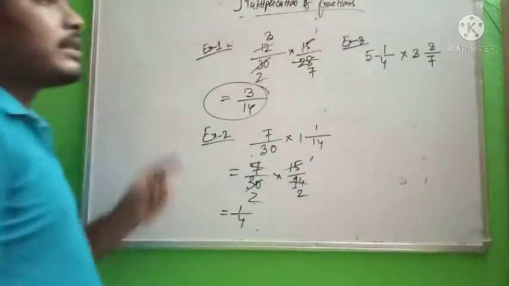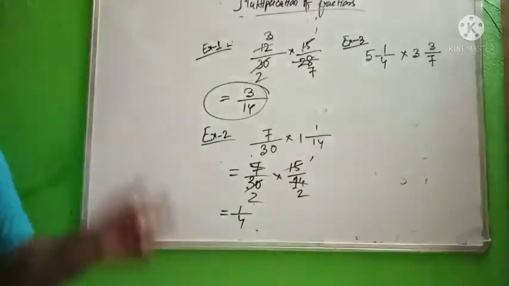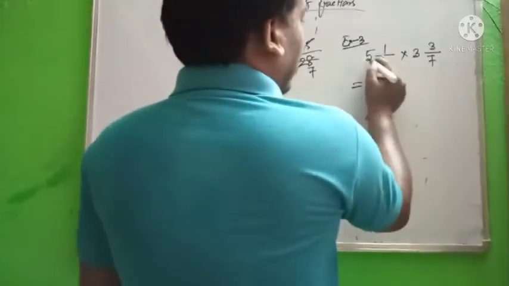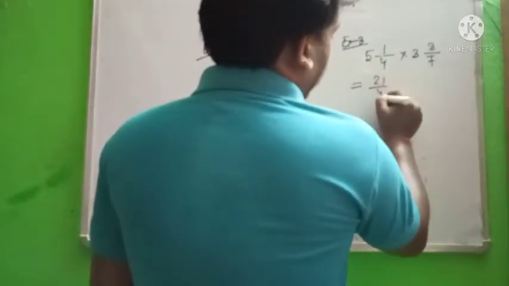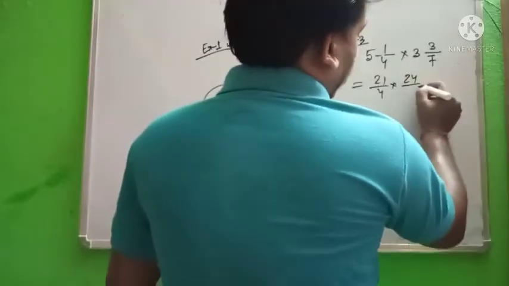In this case, first we need to convert both mixed fractions into improper fractions. After that, the process is similar. So 5 4s are 20, 21 by 4, and 7 3s are 21, 24 by 7.